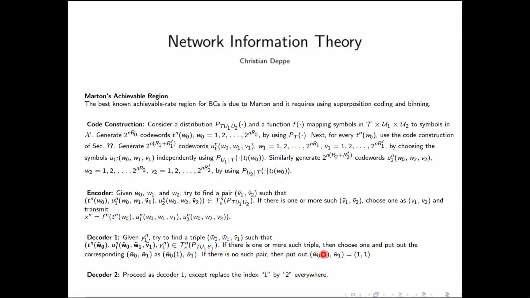If there's such a triple, then we choose one and put out the corresponding W0 tilde and W1 tilde as the estimate of the common message and the estimate of the dedicated message. If there's no such pair, then we assume there's an error and we just put out 1, 1. And the decoder 2 does the same thing, we have just replaced the 1 by a 2 everywhere. So you see that's more or less the generalized superposition coding together with binning.